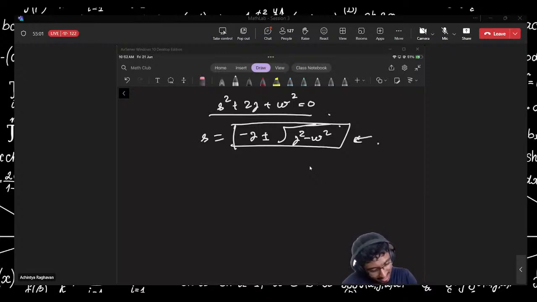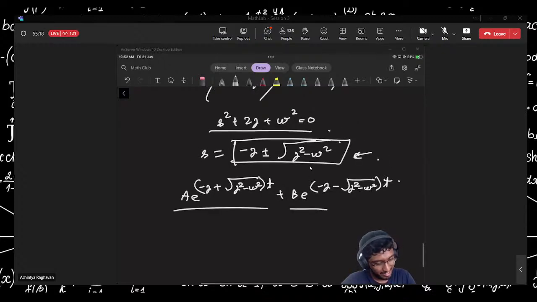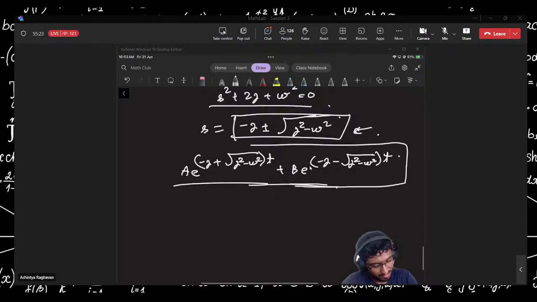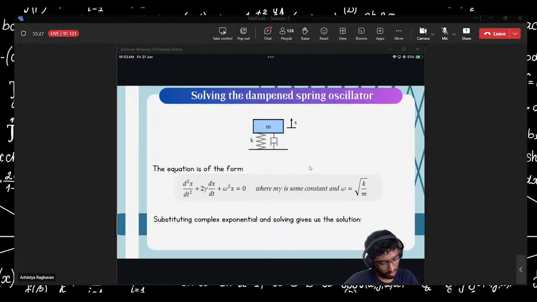So the general solution is of the form a e power minus gamma plus root of gamma square minus omega square t plus b e power minus gamma minus root of gamma square minus omega square t. Remember, the final solution is a linear combination of e power the roots. It looks a little different, but it's the same.